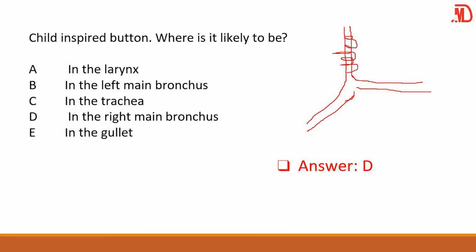This is the trachea. I'm trying to draw the circular rings, the cartilages. Now, when anything enters here, definitely it will flow more to this side than that side, isn't it? And this is the bifurcation. So over here, we're looking at the right main bronchus. All right.